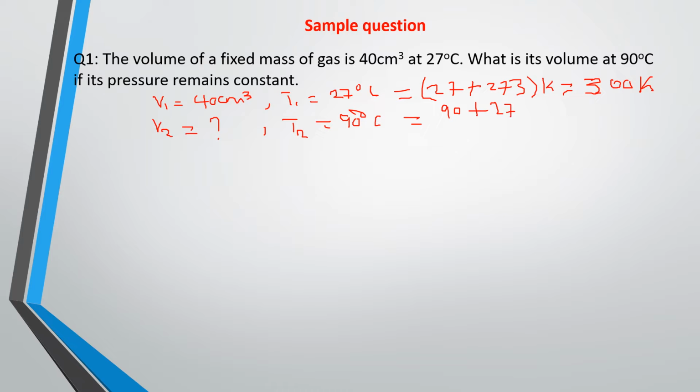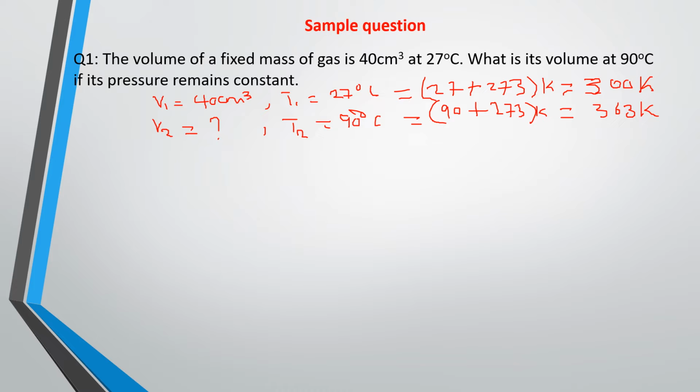You add 90 to 273, and when you do the addition, you have 363 Kelvin. So this is your T1 and this is your T2 and this is your V1, and your V2 is what you are looking for.